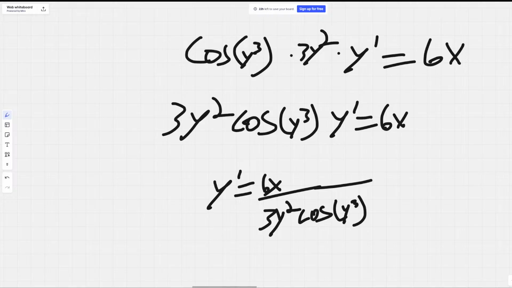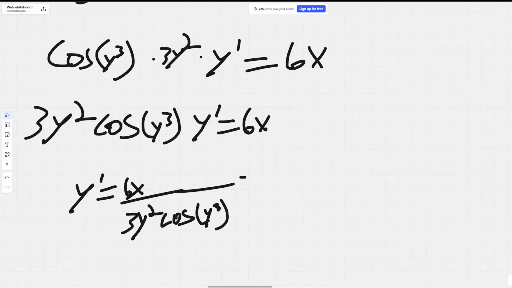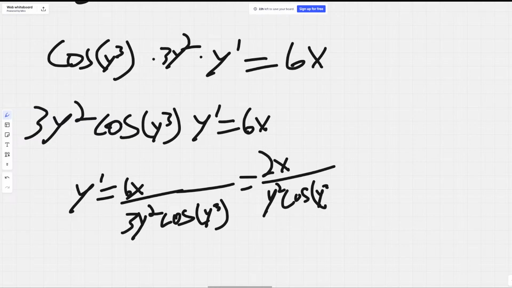That's it. That's all it was. Which I suppose could be simplified a little bit into 2x over y squared cosine y cubed. Neat.